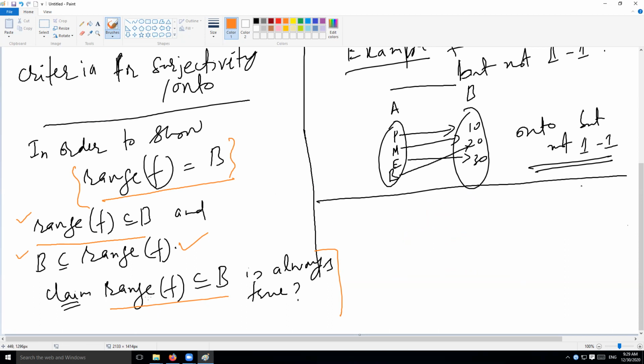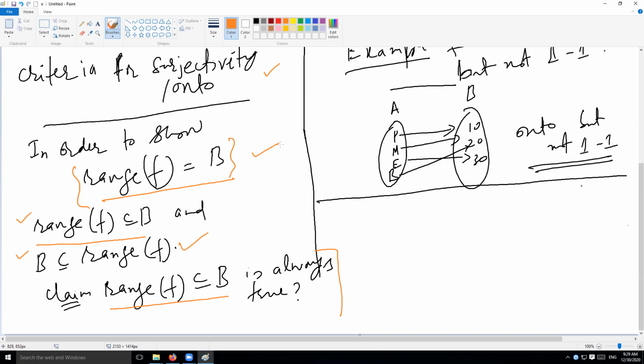So if I have to show that the range of f is a subset of B, by the way, keep one thing in view. Don't worry about all these things we are saying now. I'll mention that one-liner criteria soon, based on this description.